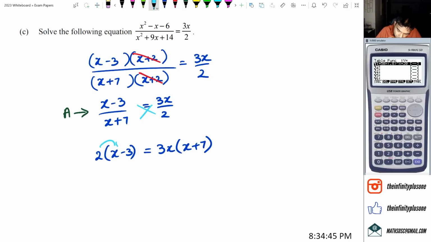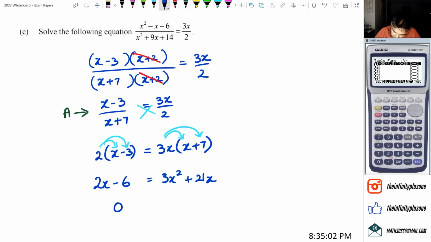At this point, we need to expand the brackets, so we get 2x minus 6 equals, for the second bracket, 3x times x, 3x times 7, which is 3x squared plus 21x. Rearrange this so that the left hand side is 0. It doesn't matter, you could make the right hand side equal to 0 as well, but my positive 2x, when I switch it over, becomes minus 2x, and negative 6 becomes positive 6.